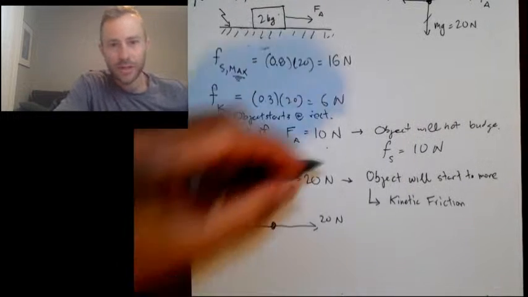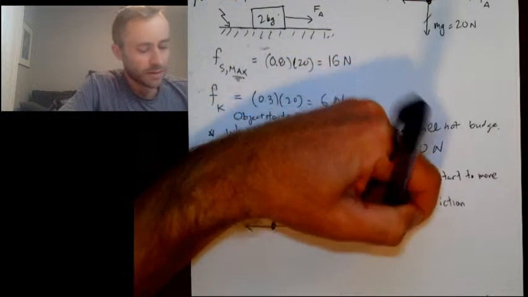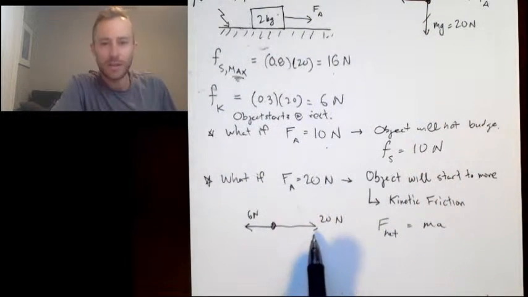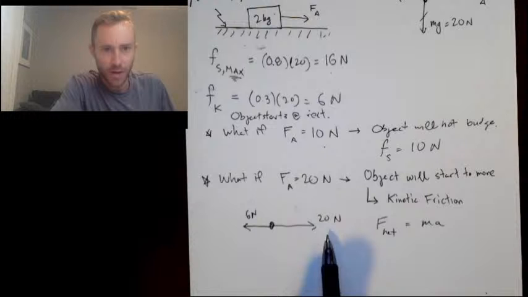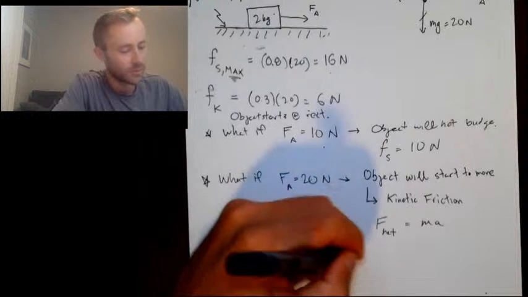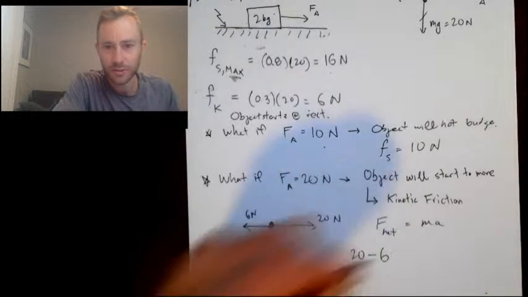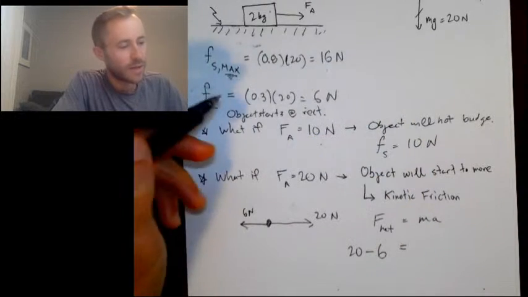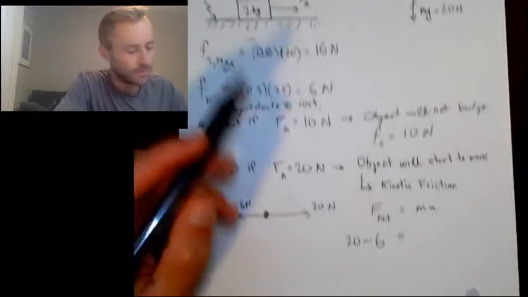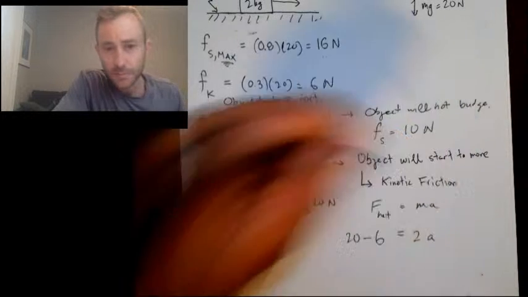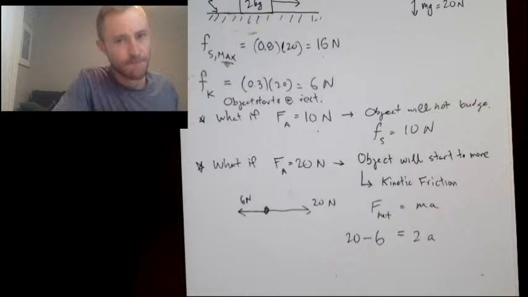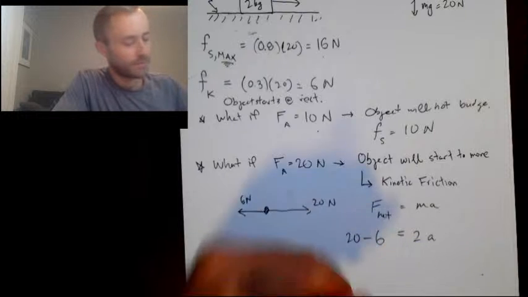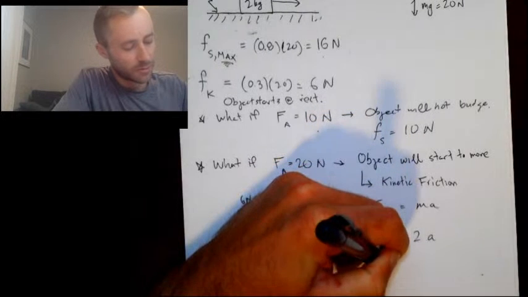If we did Newton's second law, net force equals ma, we can see that the net force is 20 to the right and then 6 to the left. So it's 20 minus 6 equals ma, and the mass is 2. That means it's 14 over 2, which is 7 meters per second squared.